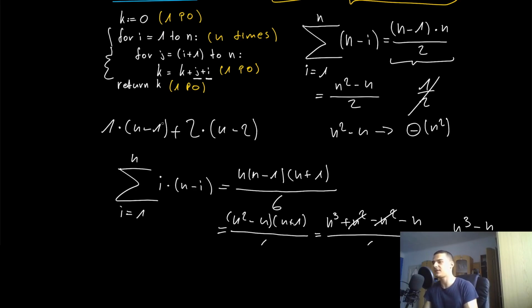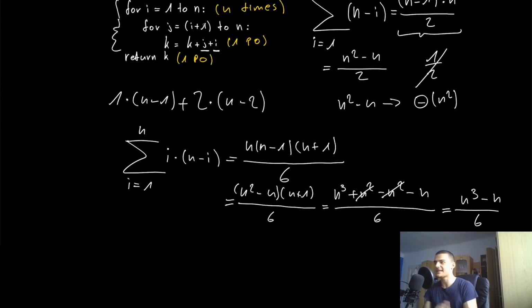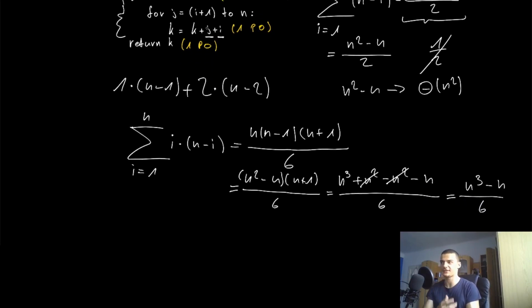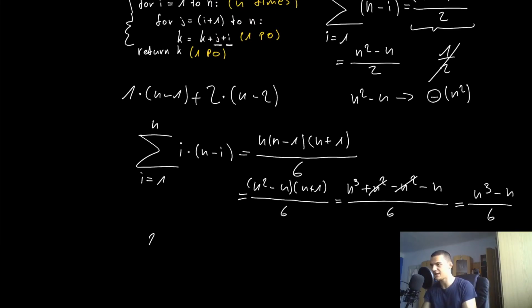But we can look at it very simply. When i is 1, we start at 2. So what happens is we add j one time as the value 2, so j has the value 2, it starts at 2, goes to n.